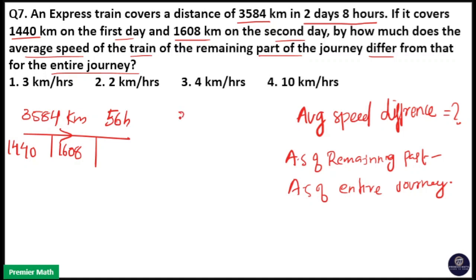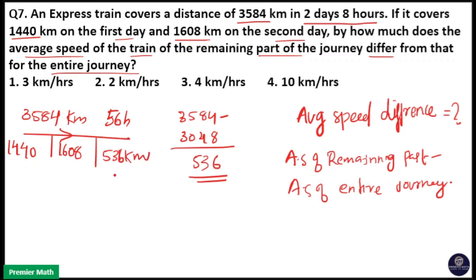And the remaining distance means 3,584 minus the sum 1,440 plus 1,608, which is 3,048. So 3,584 minus 3,048 is 536 km, the remaining distance.